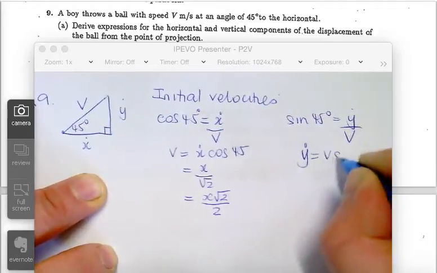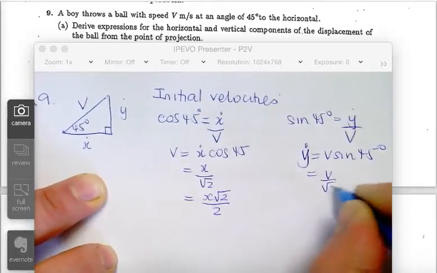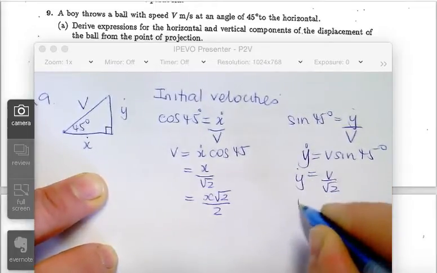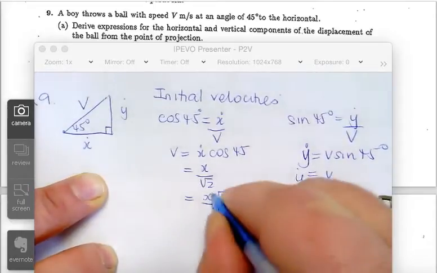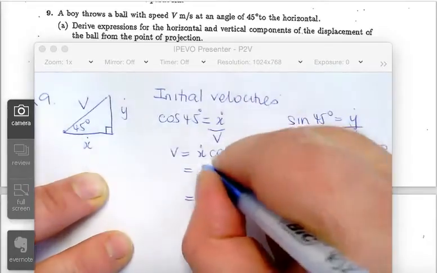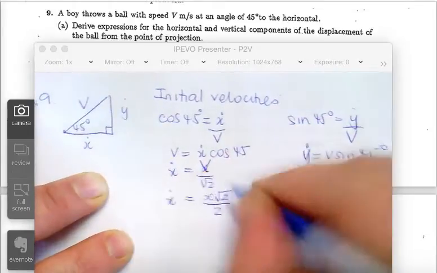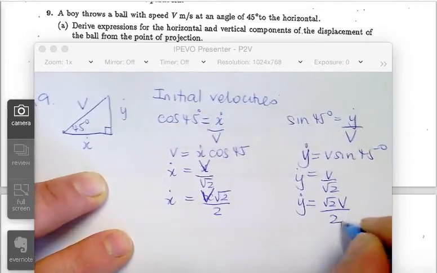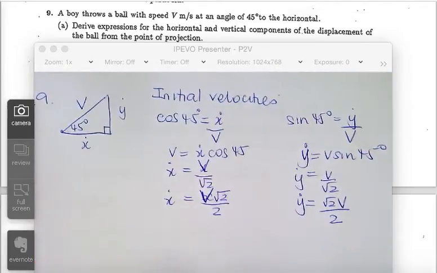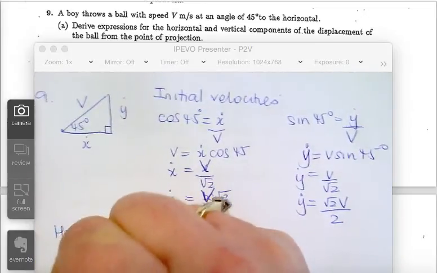So y dot equals v sine 45, which is v on root 2, which is root 2 v on 2. Sorry, girls.